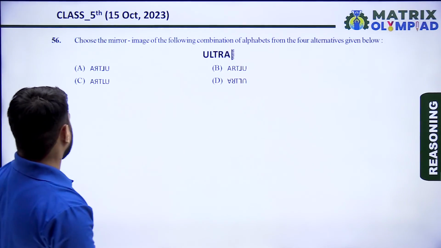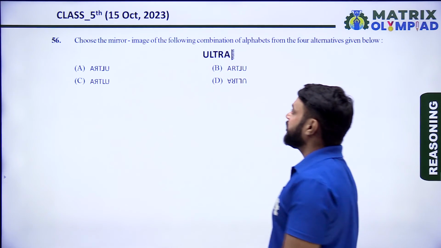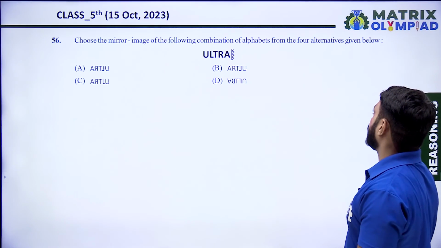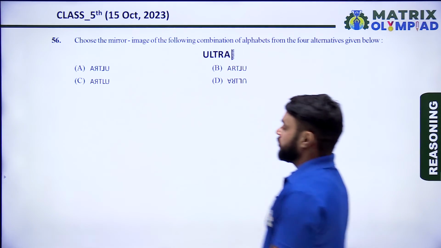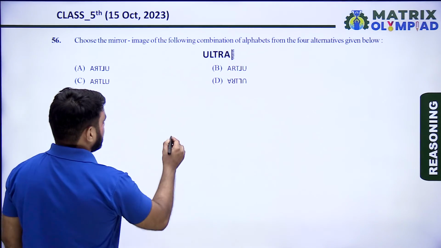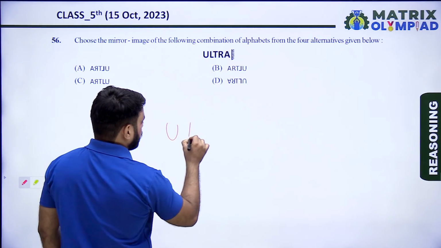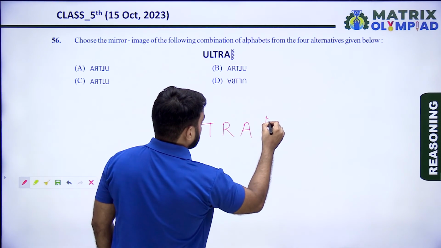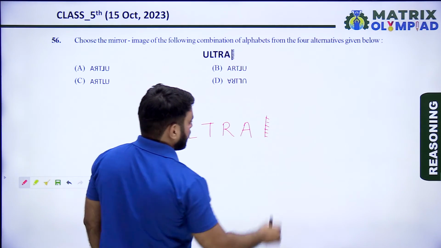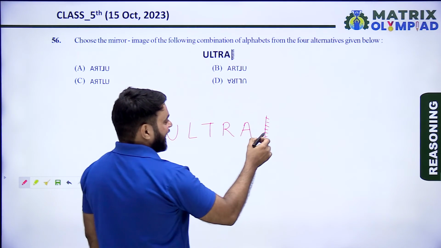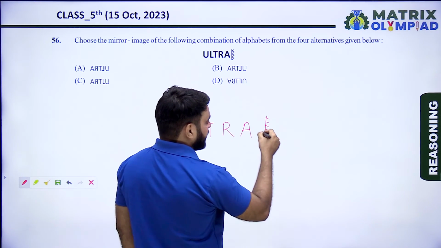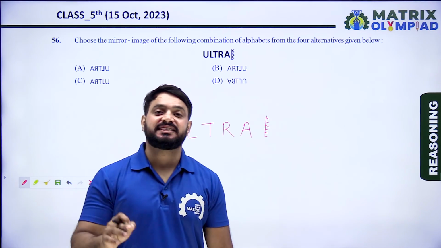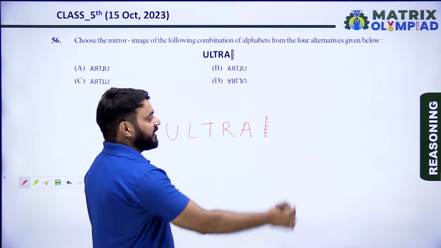So next question is question number 56. Choose the mirror image of the following combination of alphabets from the 4 alternatives given below. So find the mirror image of ultra. As you know, A is near the mirror, so it will remain near the mirror in the mirror image.